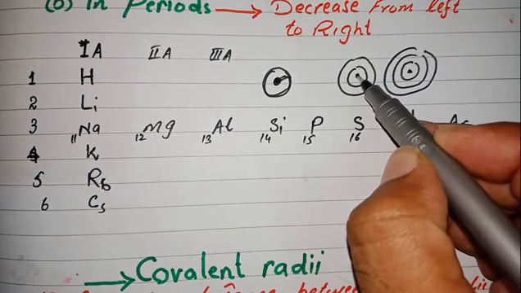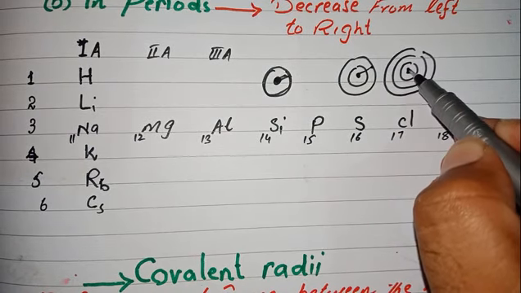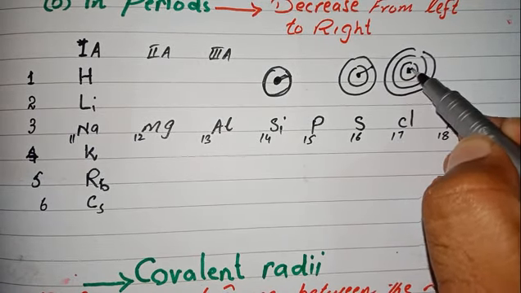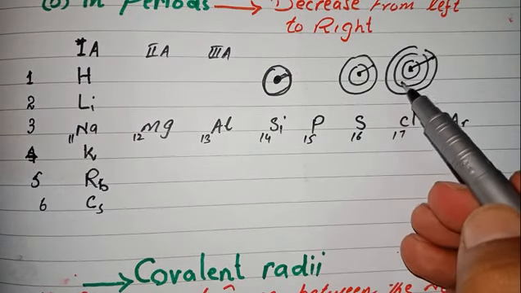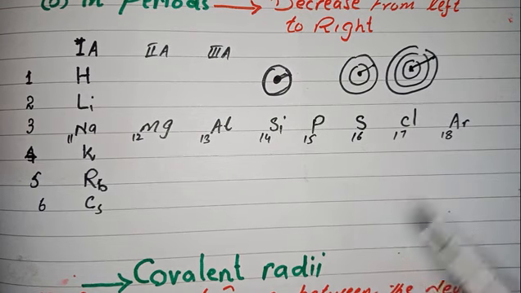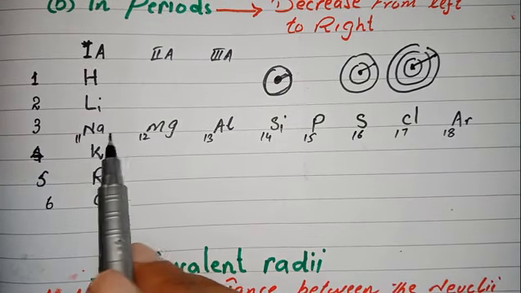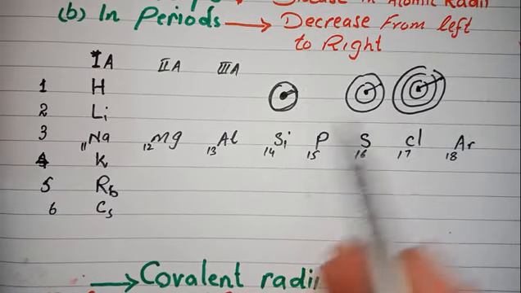In lithium, this is the distance from the nucleus to the second shell, while in sodium, it is the distance from the nucleus to the third shell. So as we move from top to bottom, the number of electronic shells goes on increasing, and therefore atomic radius increases. From left to right, we say that atomic radius gradually decreases.